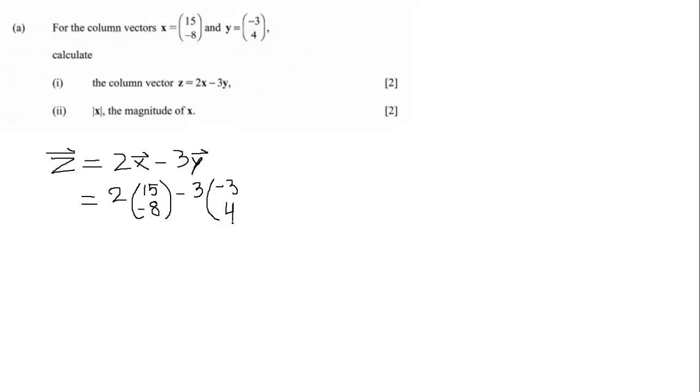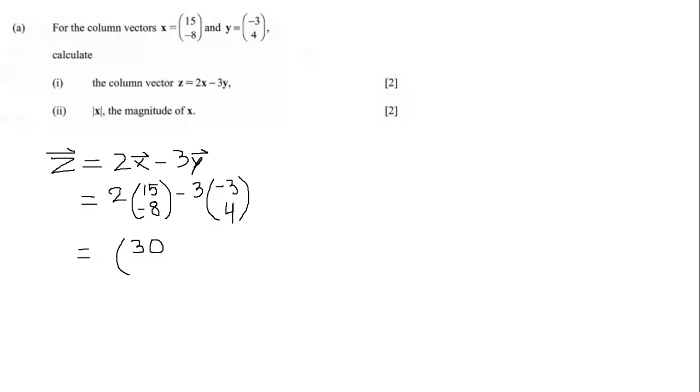Okay, now let us multiply. We say 2 times 15. 2 times 15 is indeed 30. Next we consider 2 times -8.